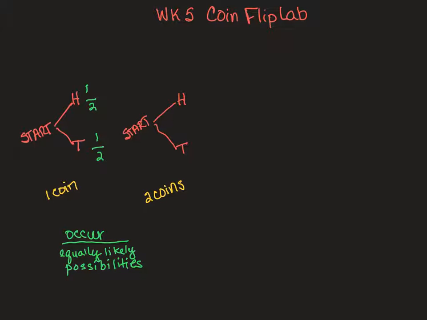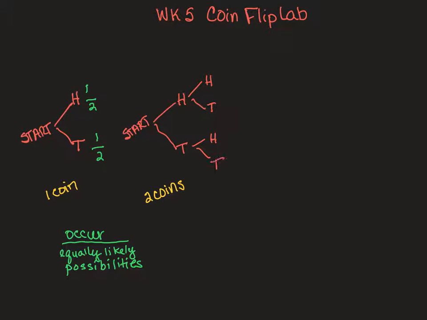Now I'm taking the other coin, and regardless of whether I got a head or a tail on the first coin, on the second coin I can again get a head or a tail. And if I flipped a tail, I can get a head or a tail.